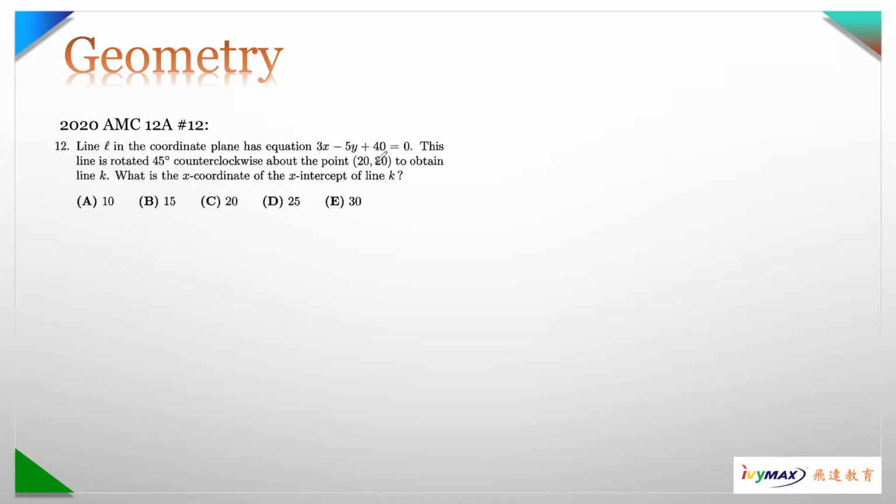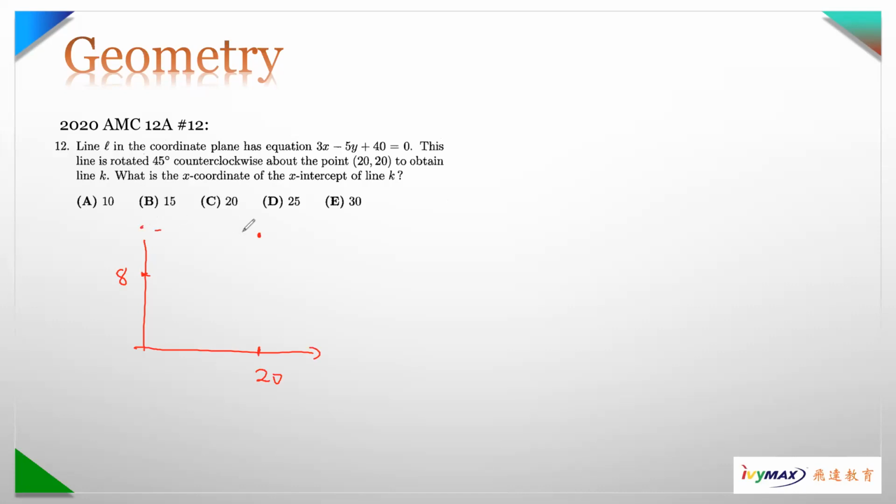Okay, so let's start by drawing the first line. 3x minus 5y plus 40 equal to 0. So we can get the y-intercept should be 8, right? And the point is 20, 20.